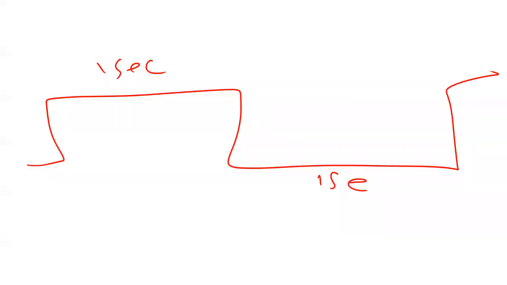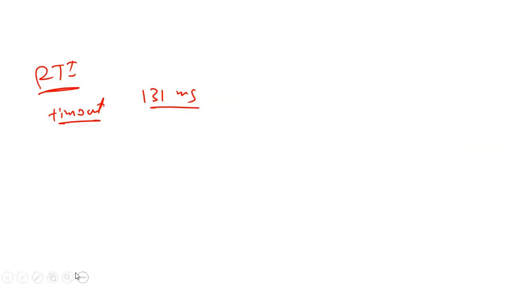You know, this problem is similar to another problem I explained in chapter 4. You remember RTI, the maximum time out? The maximum time out for RTI was 131 milliseconds. And I told you how I can turn it on for 1 second and off for 1 second.